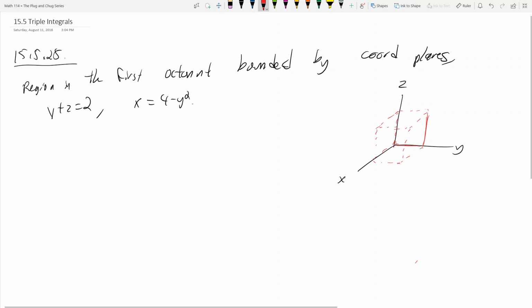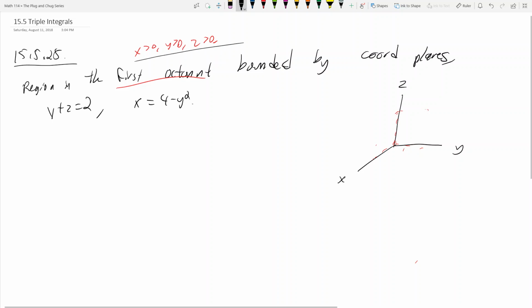So that's what the first octant is. We're given these conditions that x is bigger than 0, y is bigger than 0, and z is bigger than 0. So that's the first octant bounded by the coordinate planes.